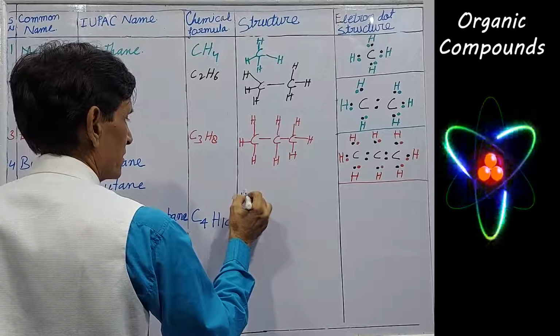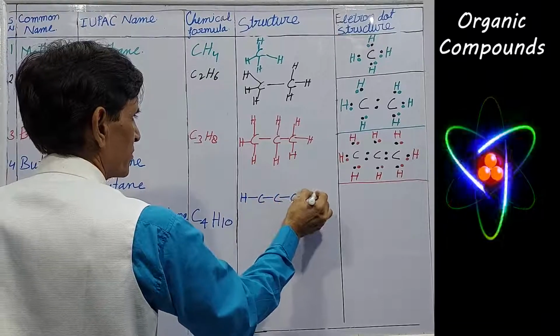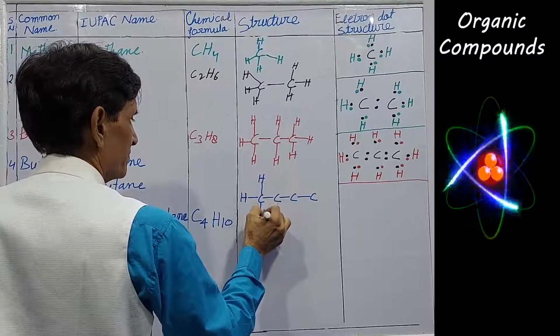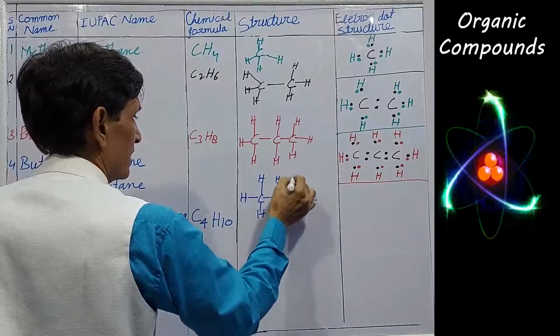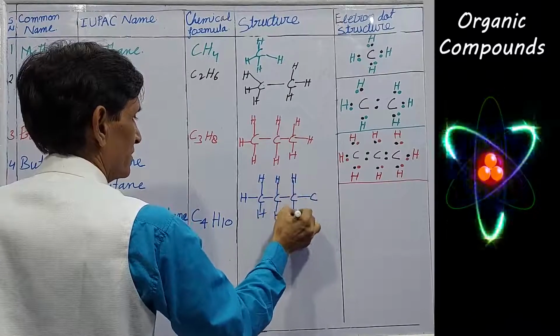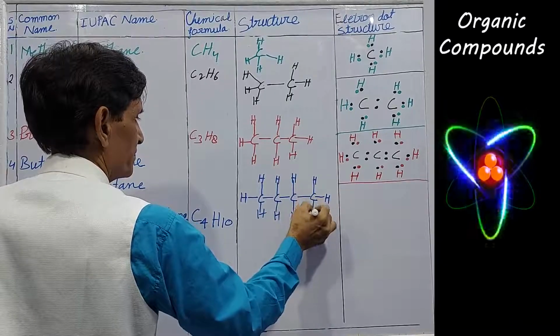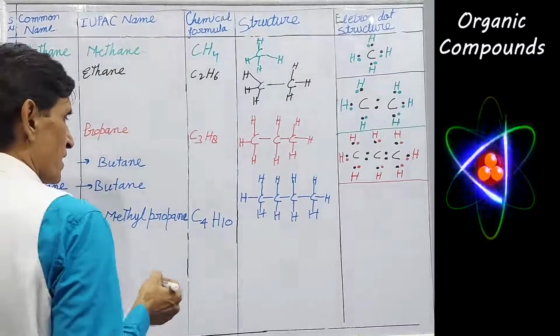Now next, the structure of normal butane. Here we first arrange 4 carbons, then hydrogens should be there, 10 hydrogens. This is the normal butane structure.